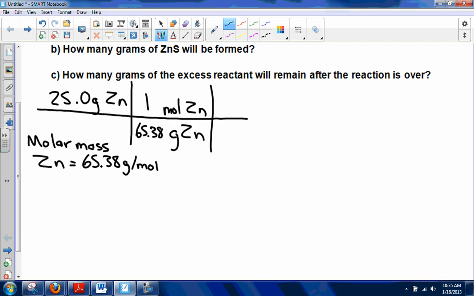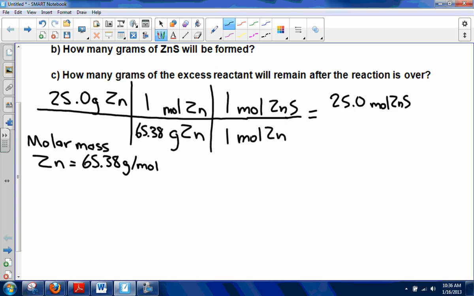Now I can use my mole ratio. I get rid of the mole Zn, I put it on bottom, and I go to moles of what I'm looking for, which will be ZnS, the zinc sulfide. My balanced chemical equation said for every 1 mole of Zn, I will make 1 mole of ZnS. I multiply straight across on the top to get 25.0 moles of ZnS.